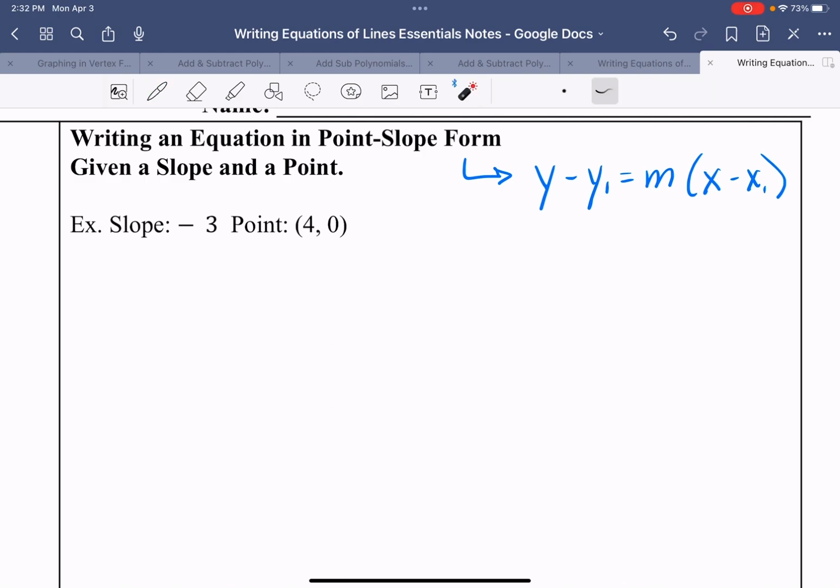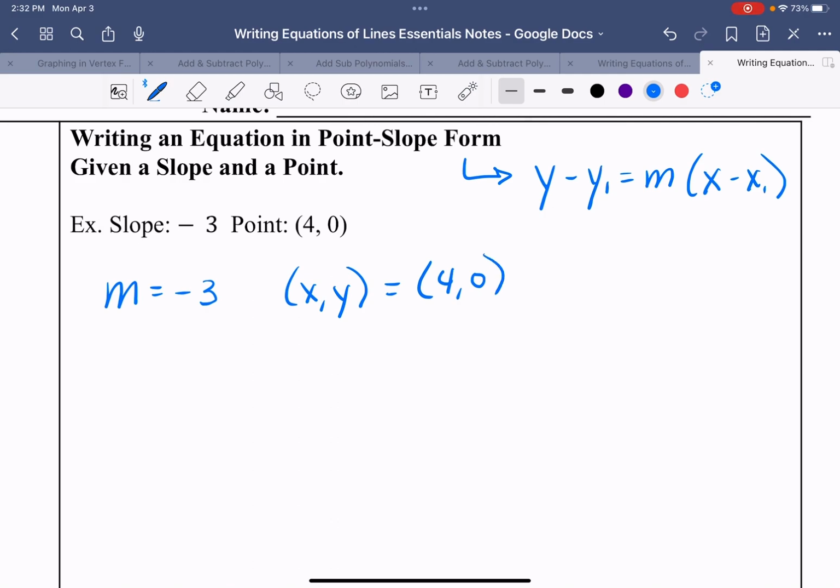What we have here is our point and slope, so point slope form, you have a point and a slope. Given our slope, m equals -3, and our point, x comma y, which is the same as (4, 0).